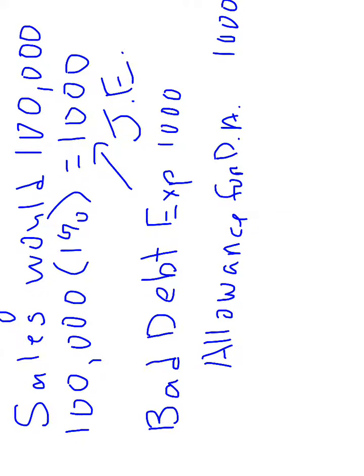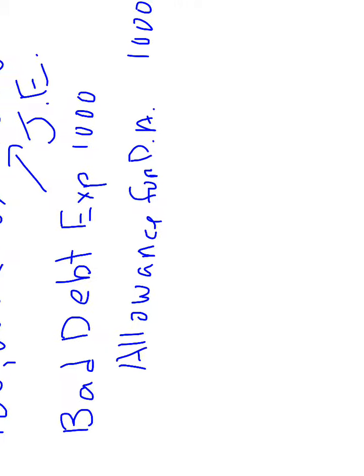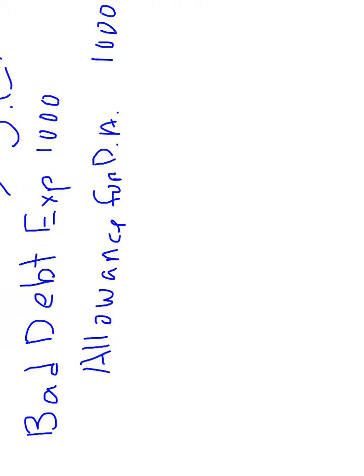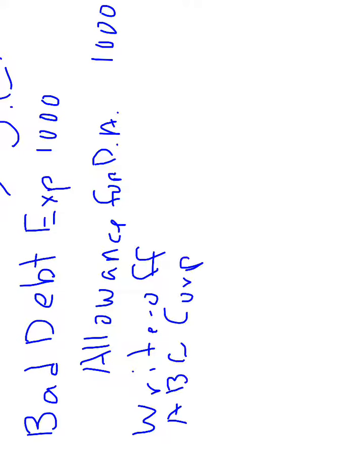Now, we also have times when we have to write off our debt. We figure out somebody's really not going to pay us, so we need to write it off. Let's say that ABC Corp owes us $500, and we found out we're not going to get that money.